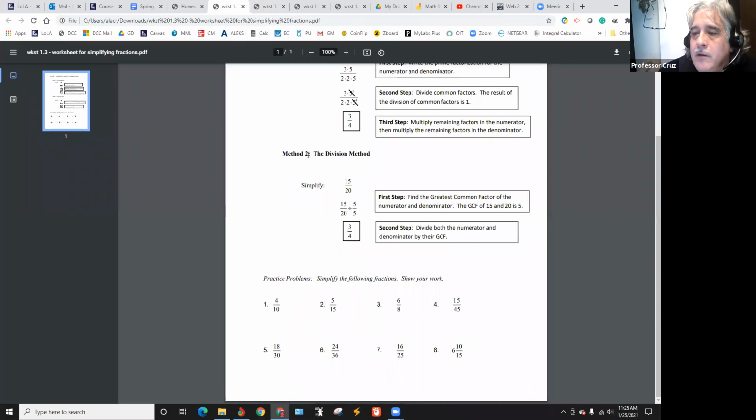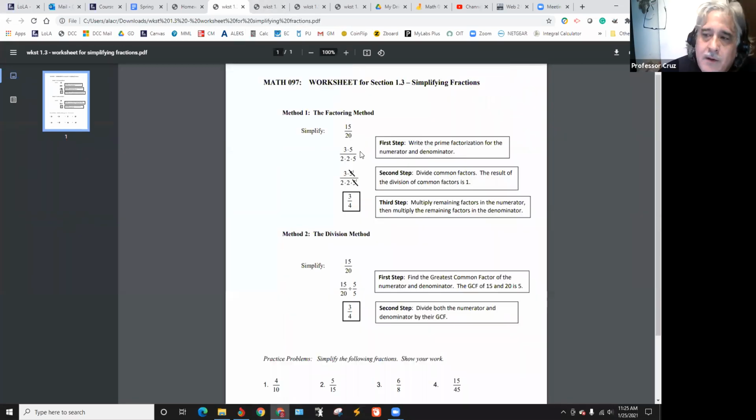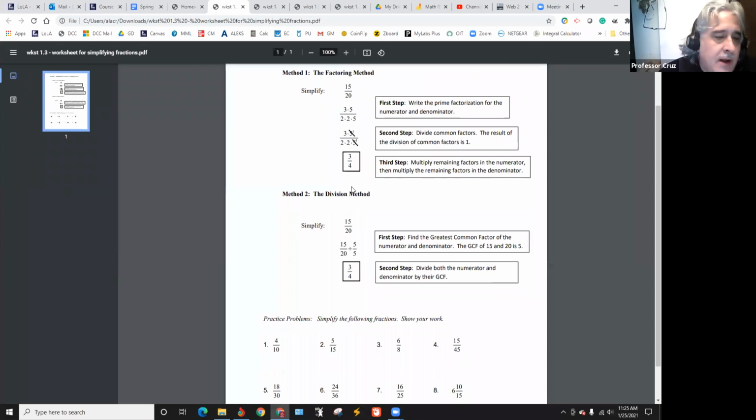Okay. And so there's really two ways to do it. I use both of these because if you take numbers and factor them into their prime factors, it's a lot easier to cross them out and you don't have to guess about it. With the division method, sometimes if you don't get the greatest common factor right off, you can come back and do it again.